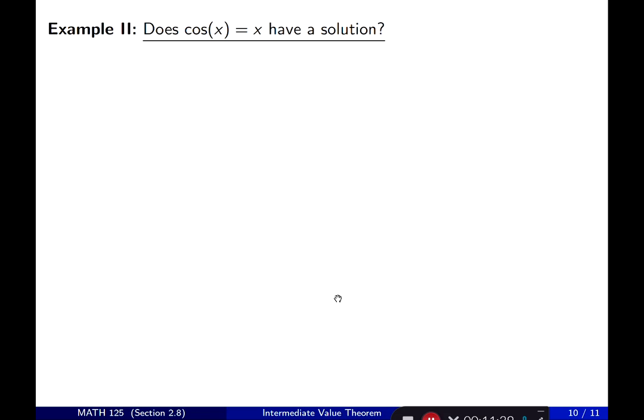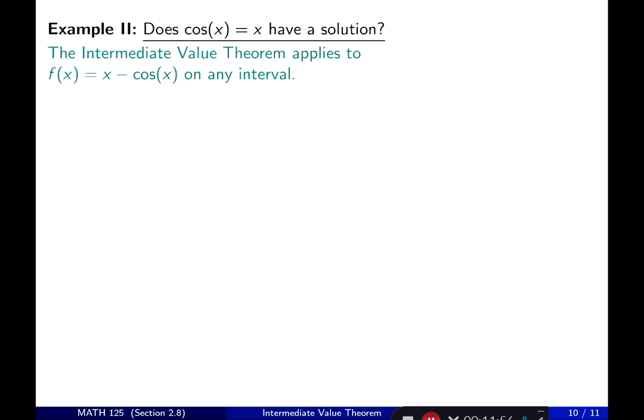So we use intermediate value theorem a lot when we are trying to approximate whether the graph of a function is crossing the x-axis or not. Let's say, does cosine of x equal x have a solution?